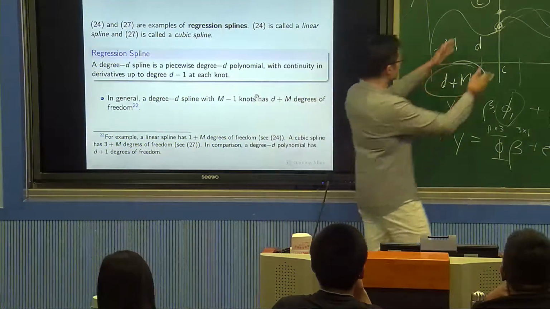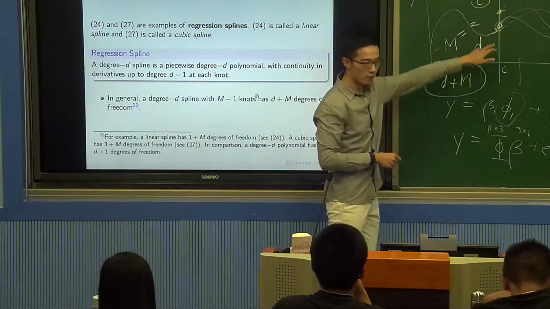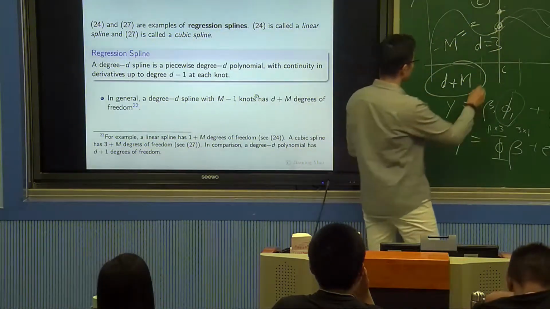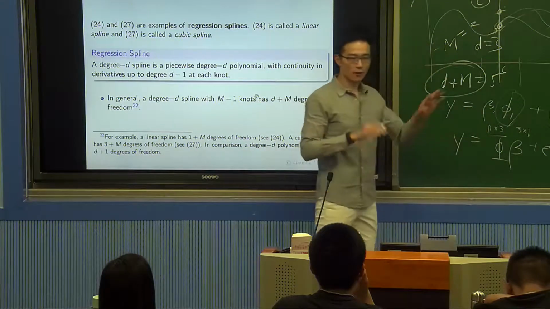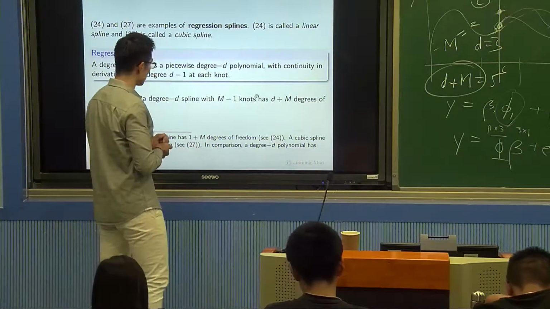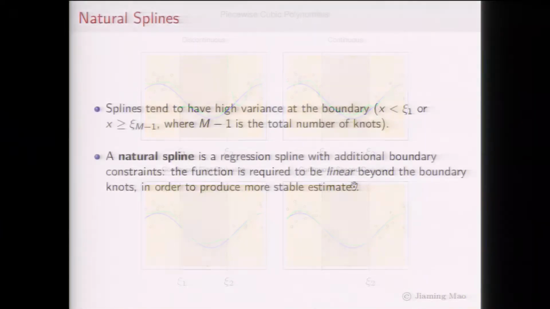Here we have two regions, so m equal to 2, and we are fitting a third degree polynomial, so d equal to 3. So in the end, I have 5 parameters for this third degree piecewise polynomial model, or cubic spline.